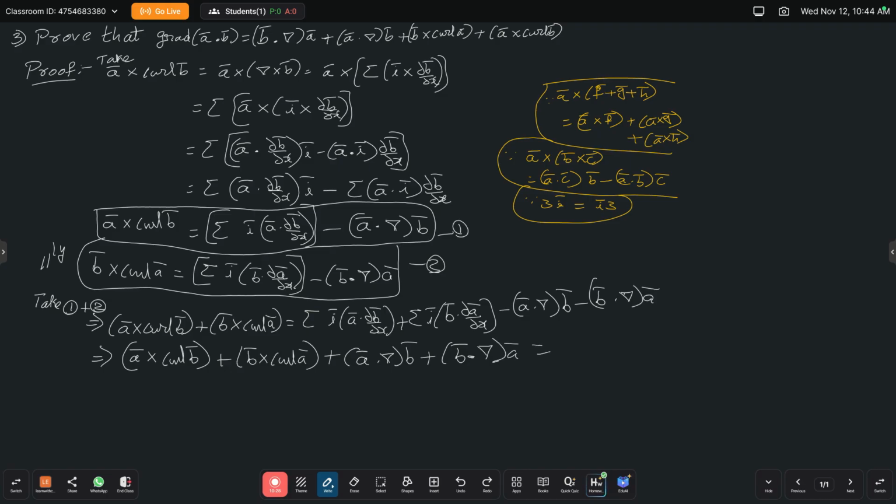Then observe the first and second terms of the RHS part. If we observe these two terms, we can take the summation common. The other point is that i bar is also common.